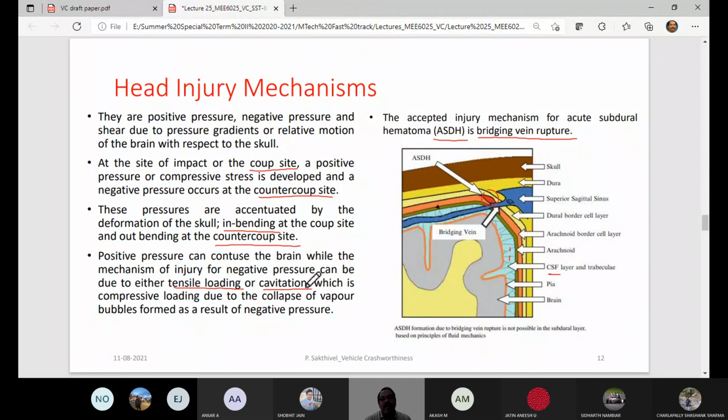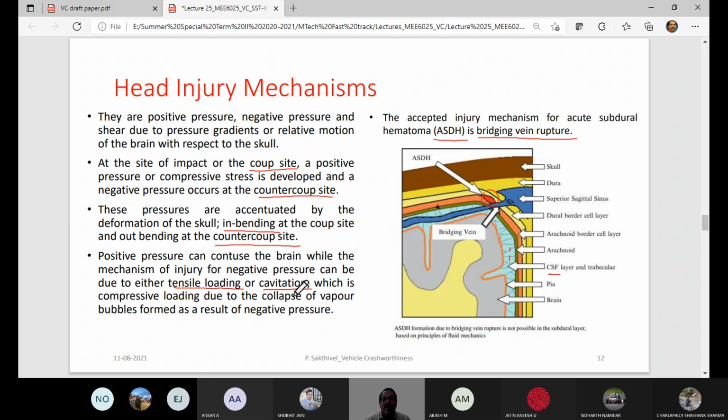We know the cavitation process particularly in turbines. The vapor bubble formation and bursting can cause damage to steel structures on the wheels of your turbines. So there is a cavitation effect here, which is the rupturing and then bursting of veins.